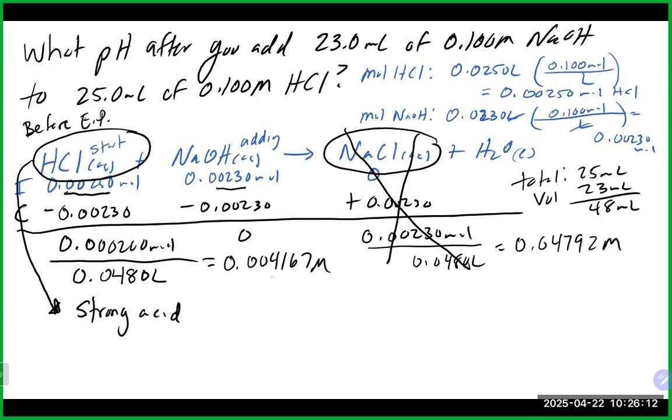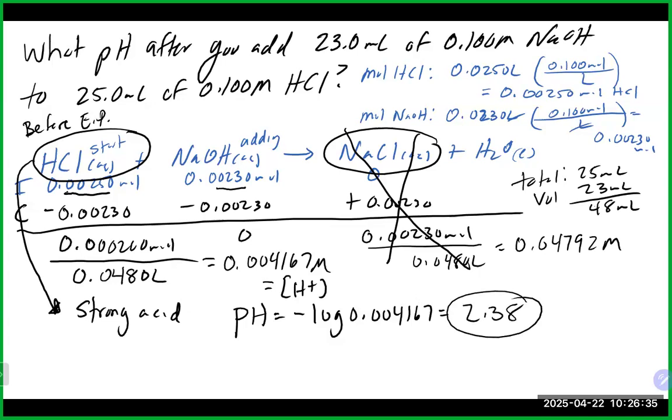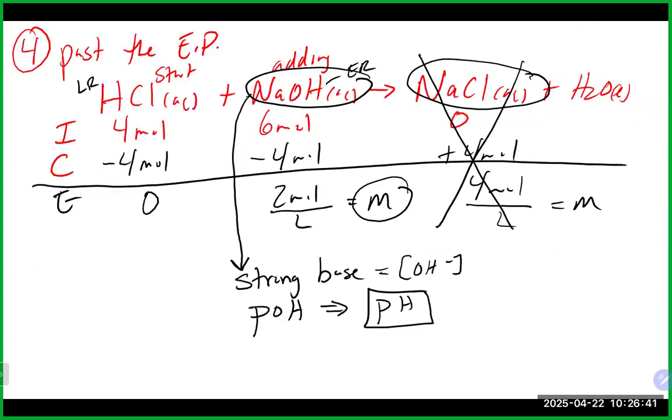Because of that, that's going to pretty much equal our H plus concentration, which means our pH in this case would be minus the log of 0.004167. And that is about a 2.38 in our titration here. Questions on that one there? See how we did.